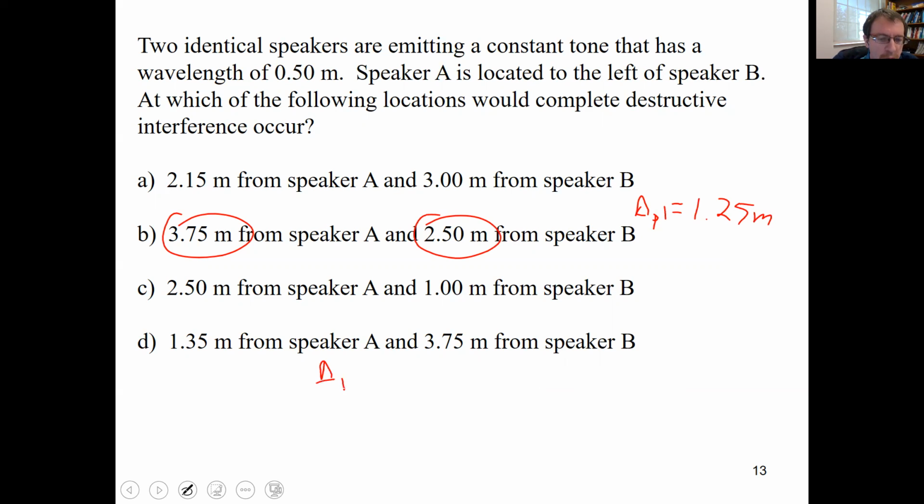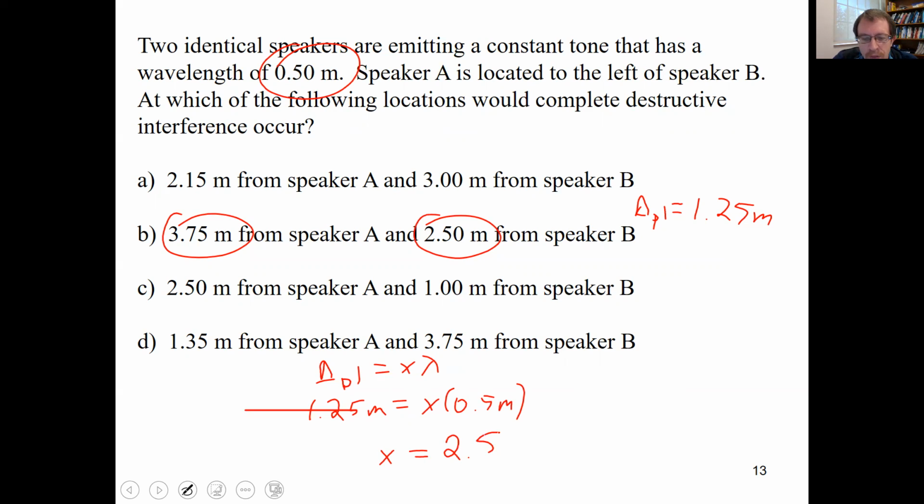Okay, and then we've got delta PL is equal to X lambda. 1.25 meters is equal to X times our wavelength, which is 0.5. If I divide 1.25 by 0.5, I get 2.5. And then I think about my condition for destructive interference.